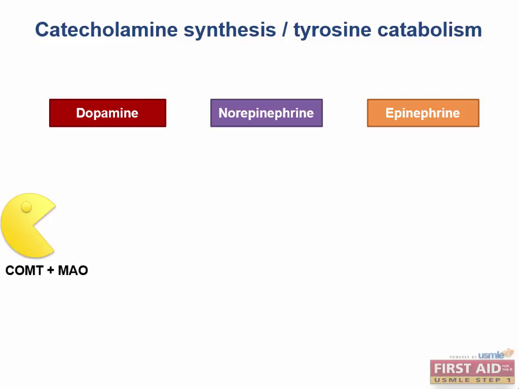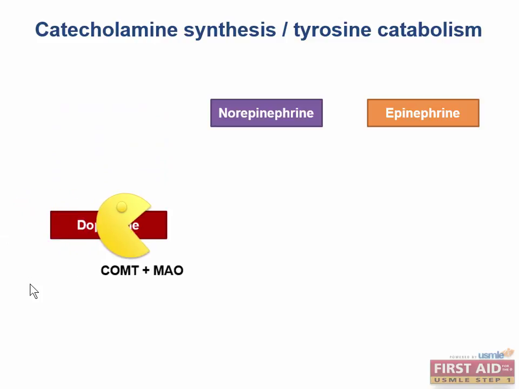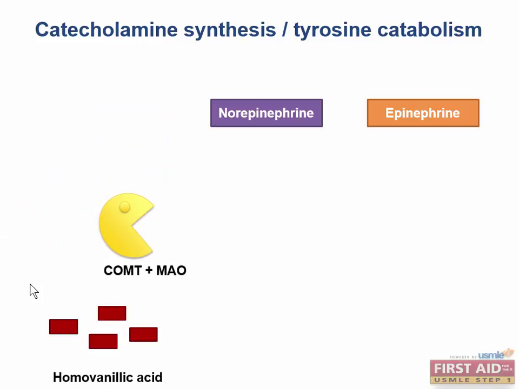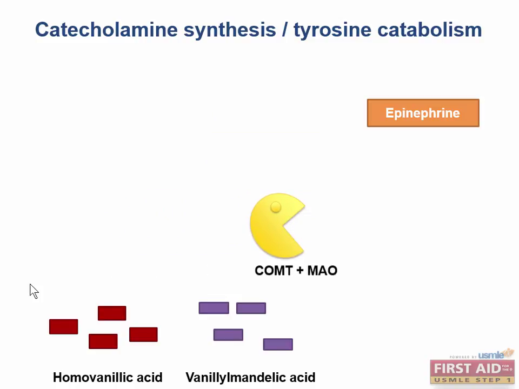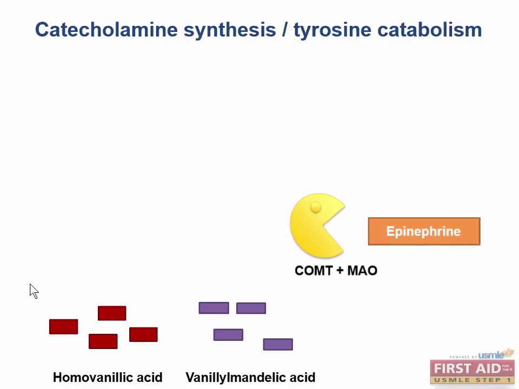Catecholamines can be broken down by our Pac-Man enzymes, monoamine oxidase, or MAO for short, or catechol O-methyltransferase enzymes, which are COMT for short. So dopamine is broken down by our MAO or COMT into homovanillic acid. Norepinephrine is broken down into VMA or vanillyl mandelic acid, and lastly, epinephrine is broken down into metanephrine.